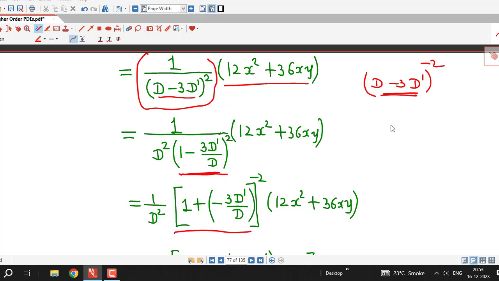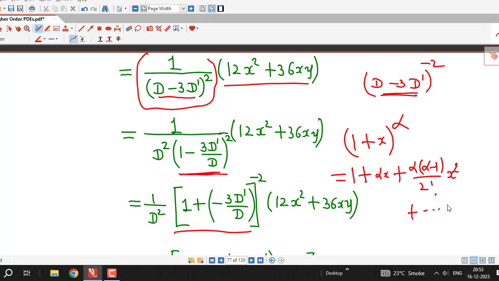Now this is in the form (1 plus x) to the power alpha, so that we can use the binomial expansion. This I can rewrite as 1 plus alpha x plus alpha (alpha minus 1) over 2 factorial x squared, and so on. So here we can compare this with (1 plus x) to the power alpha.